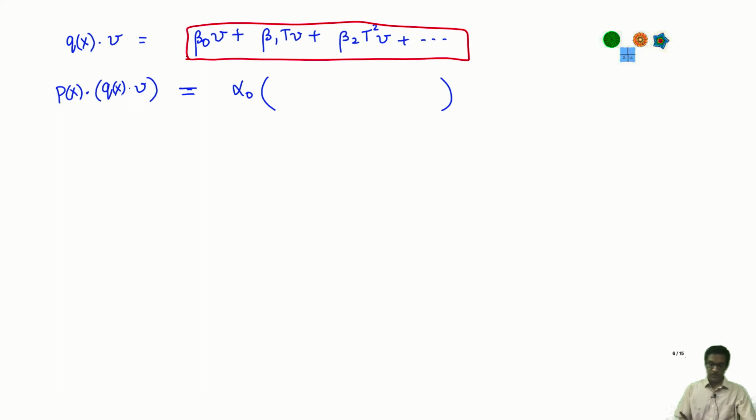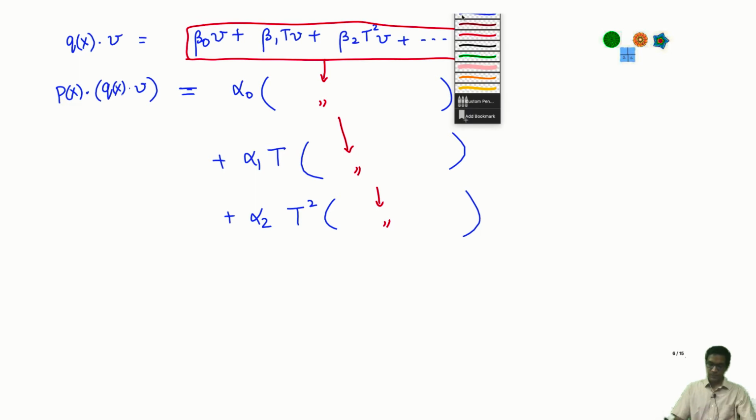So I plug this whole vector in here, plus alpha 1 t acting on that same vector, plus alpha 2 t squared acting on the very same vector, and so on.